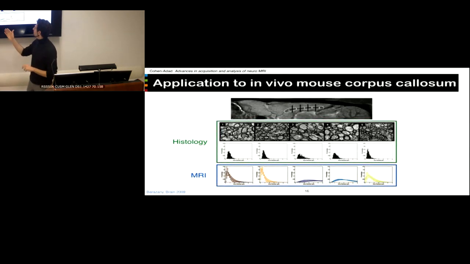For example, we could infer the mean axon diameter. That was demonstrated in a rat corpus callosum, and they were able to show that what they inferred with MRI in terms of axon diameter distribution matches what they observed from histology.